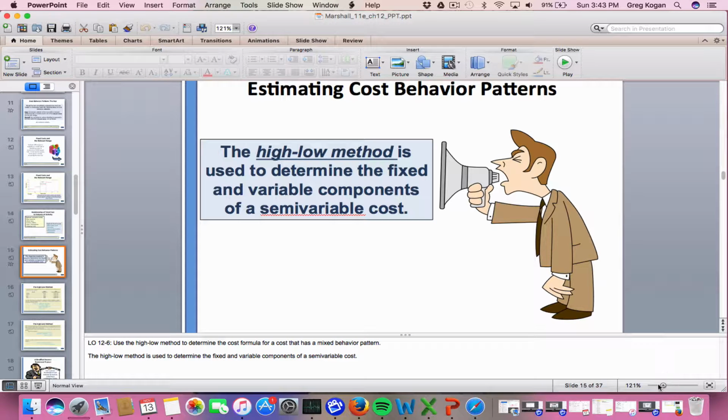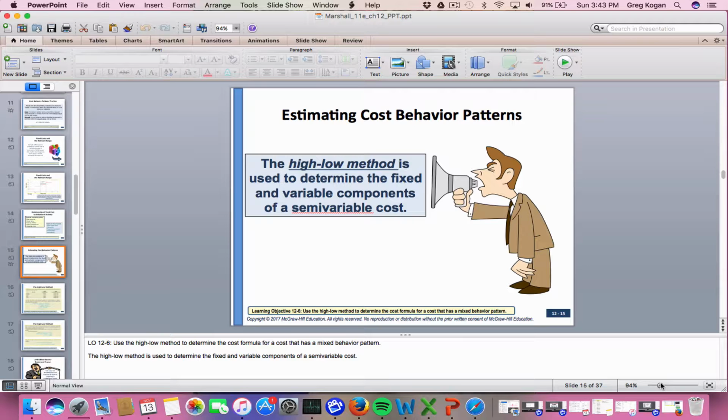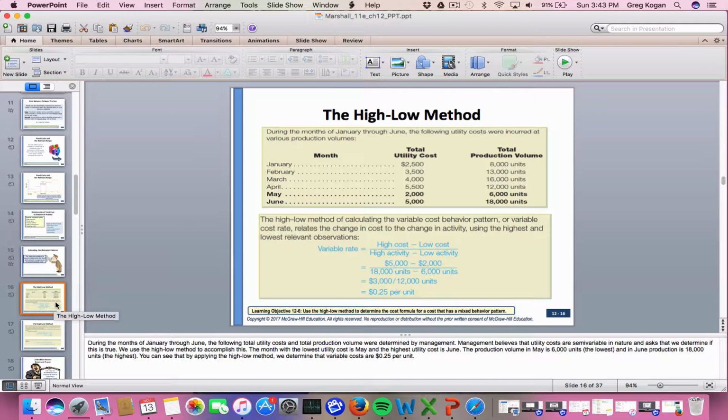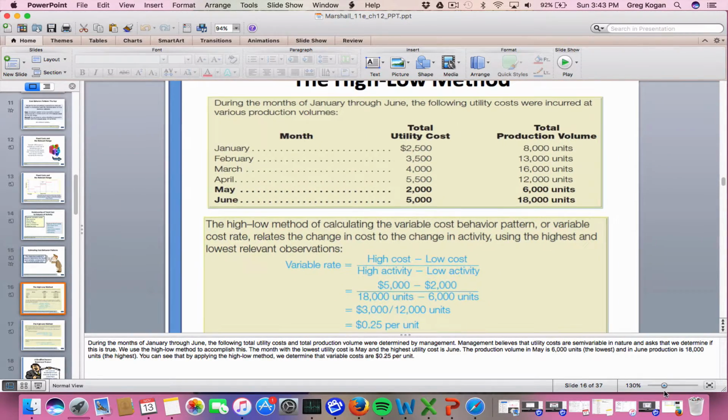So the next big thing that we're looking to go over is estimating costs, cost behavioral patterns. One of the methods that we look over is estimating the variable rate, and it depends.